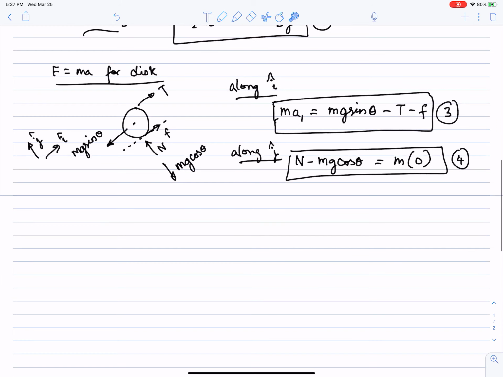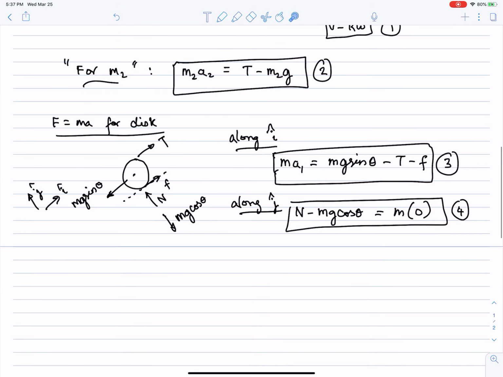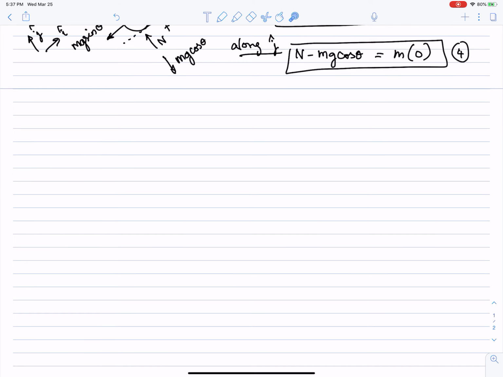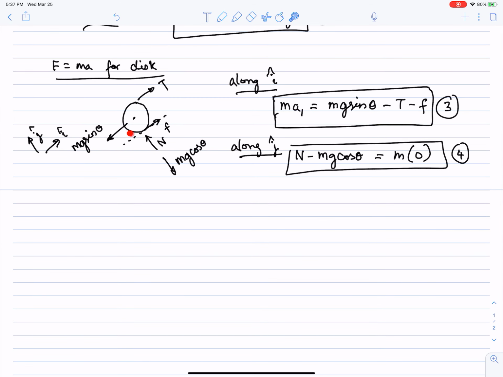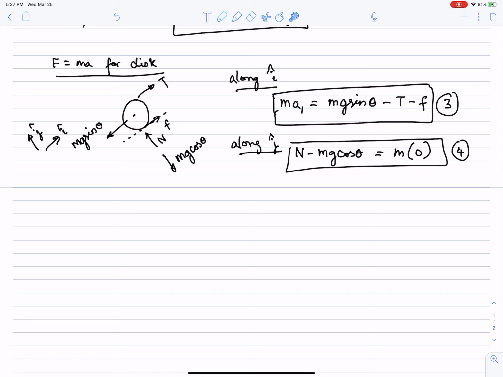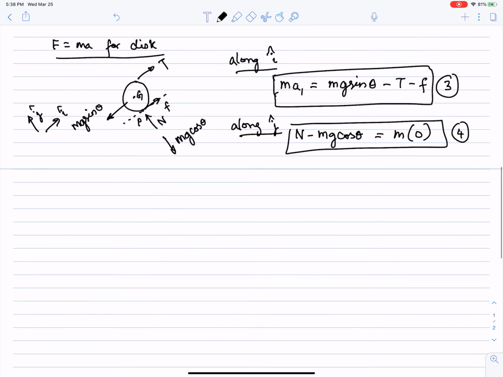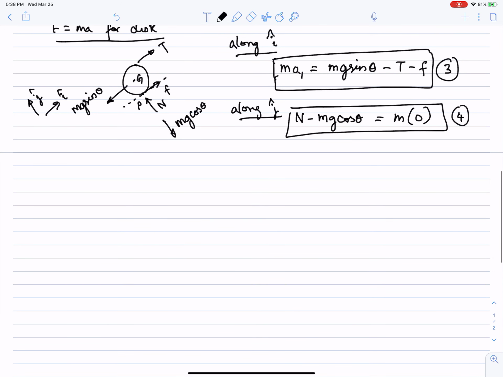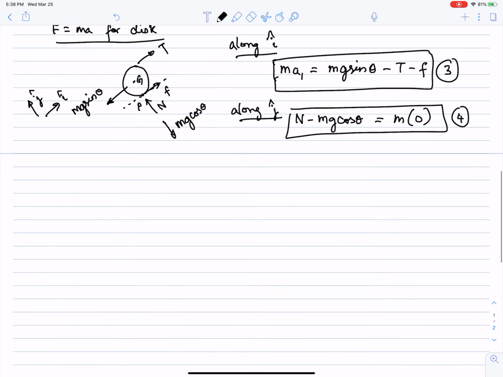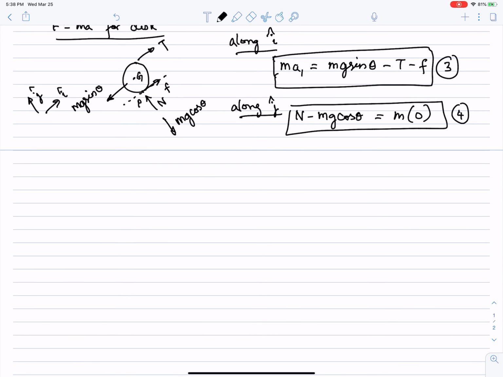Now, okay, so we have all these equations. We need one more equation, which is sum of moments equals I alpha, perhaps for this system. Now, what point about which we want to take that moment? Let's call that G, let's call that point P. We can do either G or P. Let's try P, or G, doesn't matter.